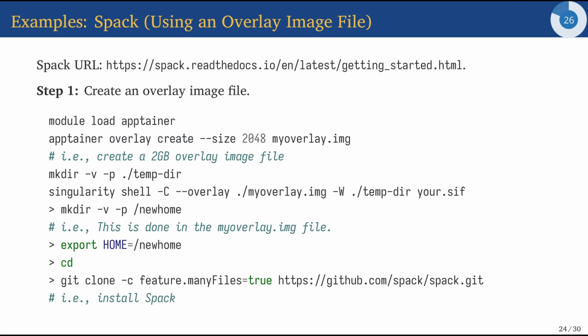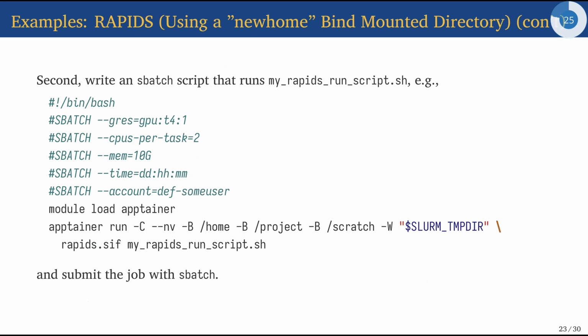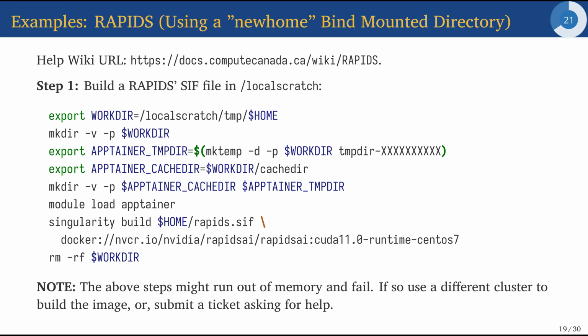Okay, so now that's how you set that up. And the difference between this one and the next one, I changed the tool I'm talking about from Rapids to something else, but really it doesn't matter about the tool. It's all how you set it up. The difference between them is this Rapids configuration uses a directory in your account, somewhere on home, project, or scratch.